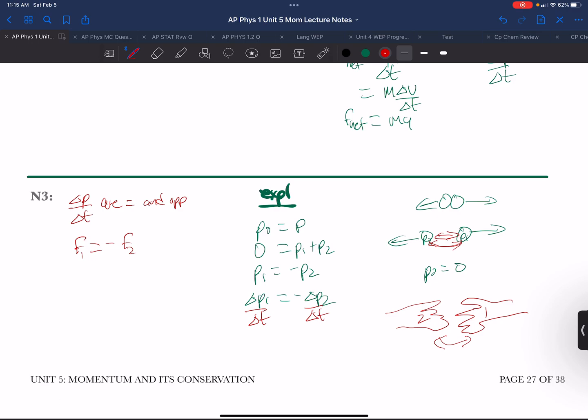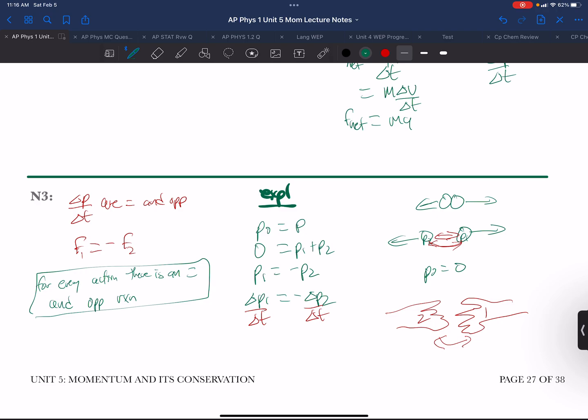So this is the high school child definition: for every action, there is an equal and opposite reaction. Most people don't really understand what that means. It really means for every force, there is an equal and opposite force.